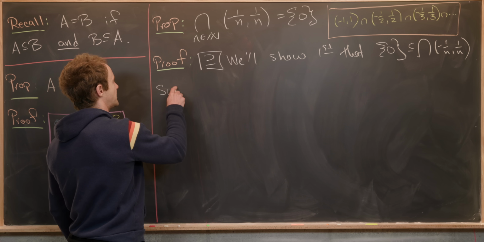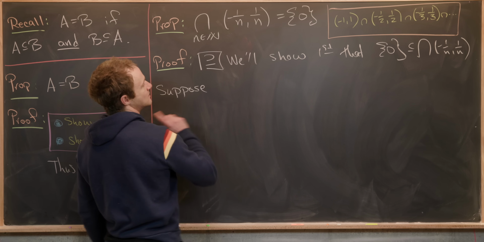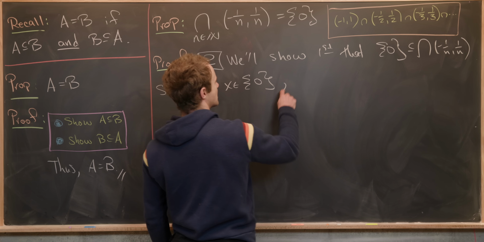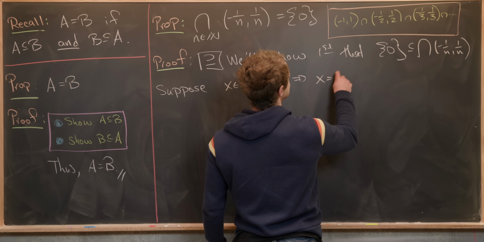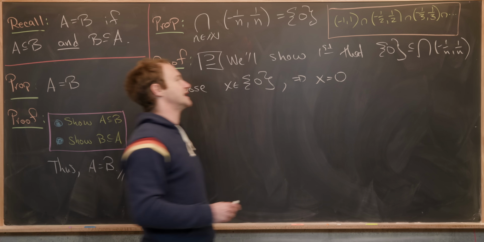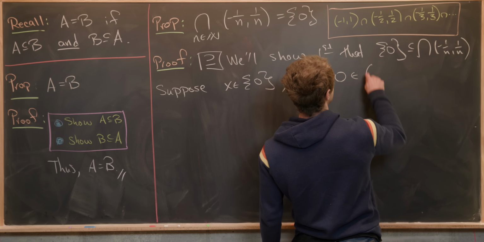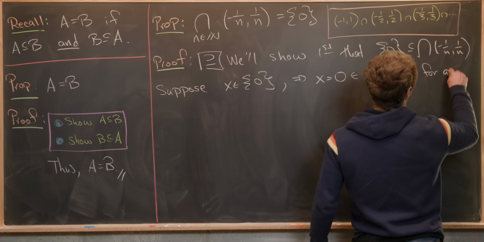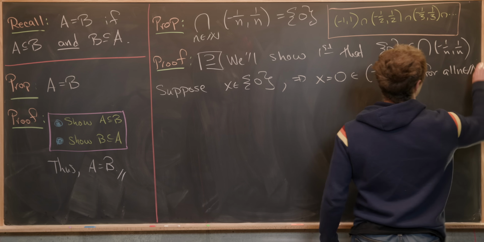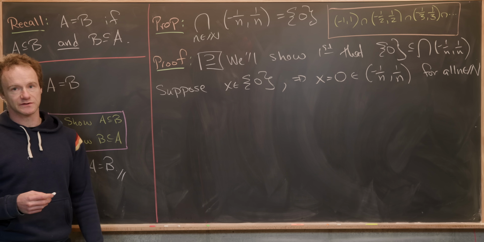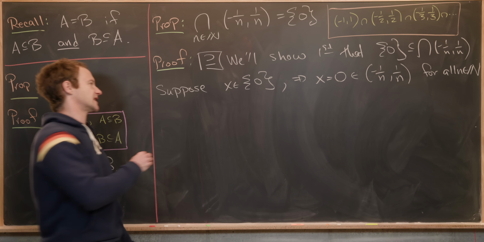So let's suppose x is an element from this singleton 0, but that tells us that x equals 0. But 0 is clearly in the open interval minus 1 over n to 1 over n for all n which are natural numbers. Being in all of those intervals means you're in the intersection.